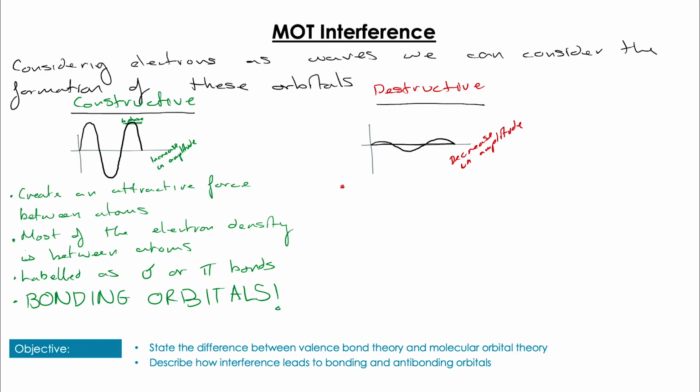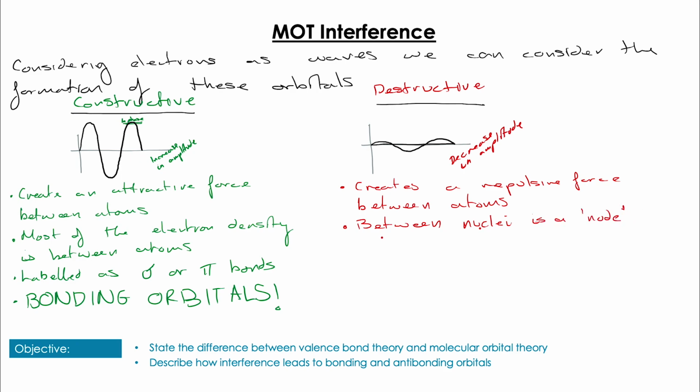In the case of destructive interactions, this is a repulsive force. It's decreasing the attraction between the atoms, and we can visualize this as there being a node between the 2 atoms, and that node is a place in which there is very little electron density. Electron density is the thing that allows the nuclei to be attracted to each other.